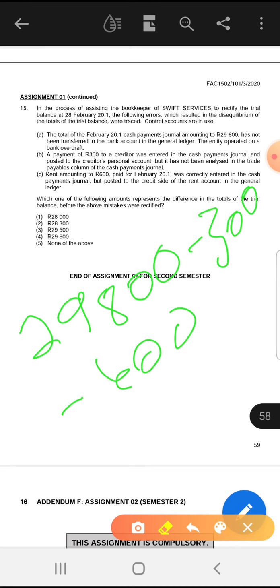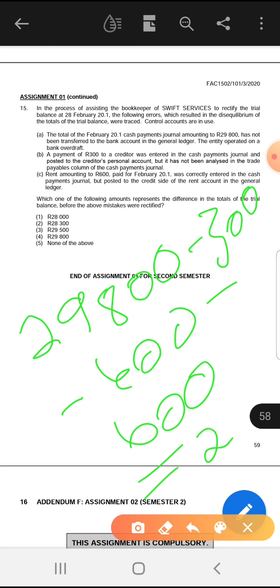So we have to cancel it first by reducing it, then we do the correct one to leave us with 28,300, which will be option 2. Yeah, that's it guys, we are done for this one.